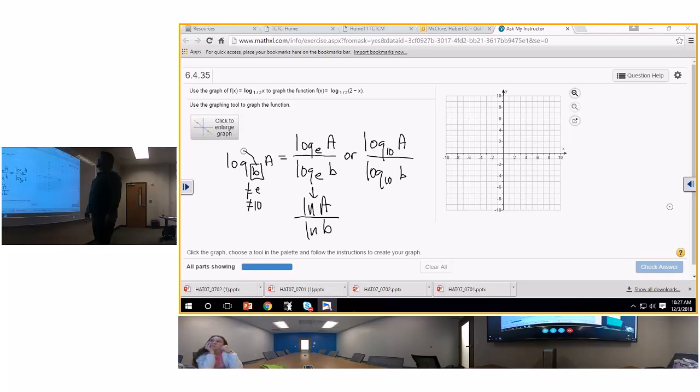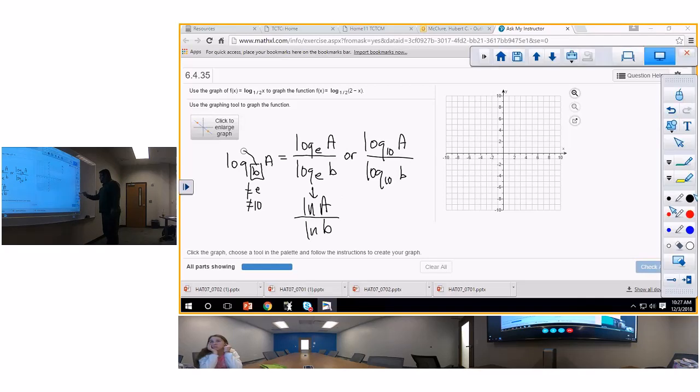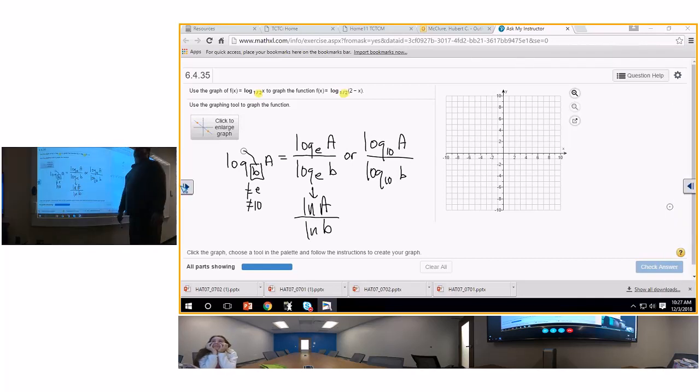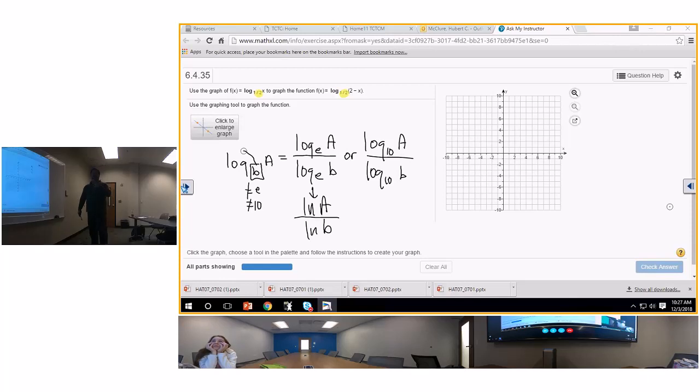So in this case, I'm going to have to use the change base formula, because what's my base on these two? 1/2. So I can't do that in a calculator. Now, I'm a LOG teacher. I like to teach LOG, all right? Some teachers like natural log. It doesn't matter.